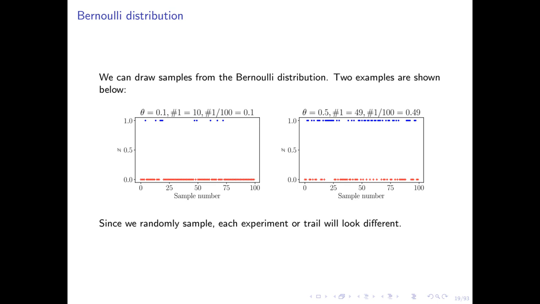And we can see that for theta equal to 0.1, we had 10 heads, so the number of ones was 10 out of 100. So 10% of the 100 throws. That matches exactly. For theta equal to 0.5, we had 49 heads and therefore 51 tails, but it's close to 0.5.